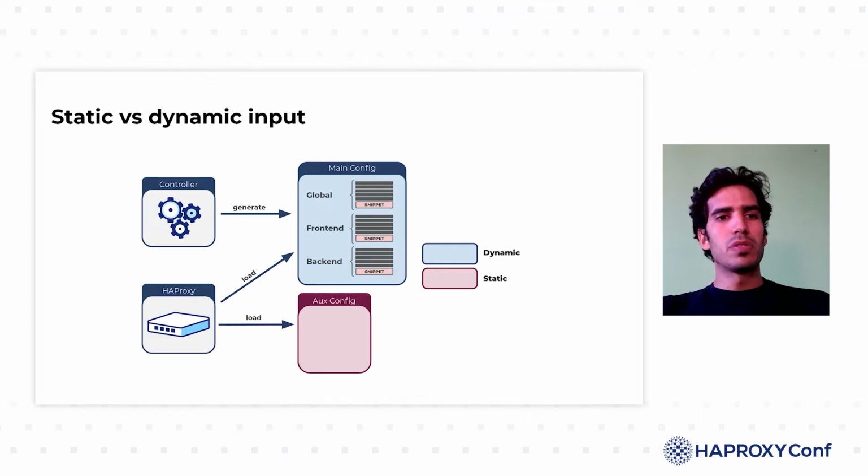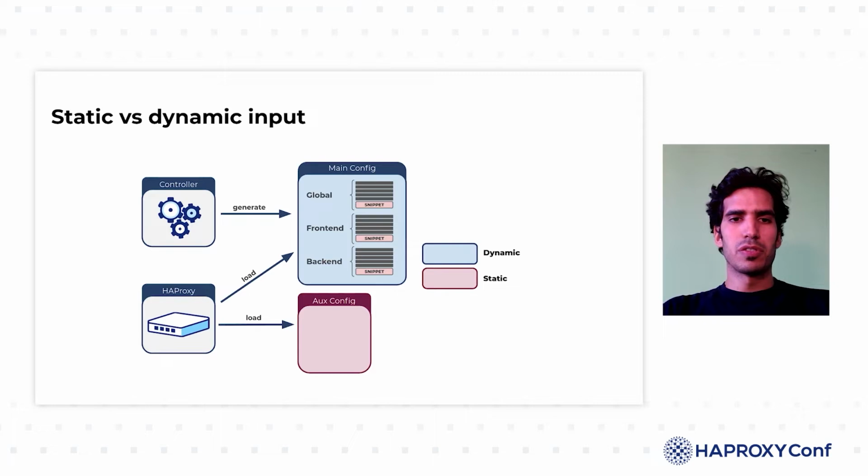For example, if you insert an HTTP request rule as a config snippet, the controller will not be able to assign it to an Ingress rule or to any other Kubernetes event. The same applies if you want to insert backends in the auxiliary config file. It will be a static backend, which means the controller won't track any corresponding Kubernetes events like scaling up or scaling down.